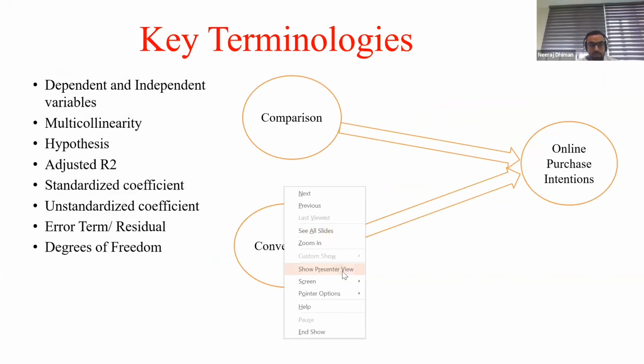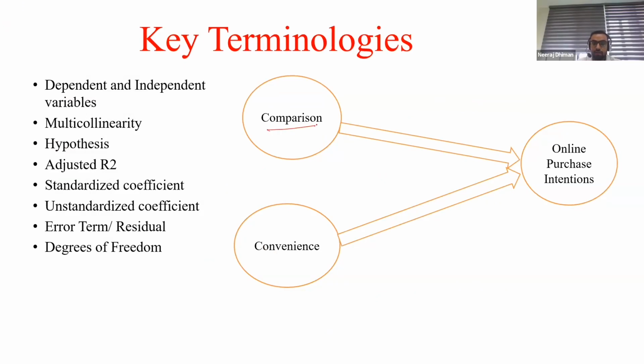Fourth one is adjusted R square. Before understanding it, can anyone tell me what your understanding of R square is? Imagine that after studying the literature, we came to know that comparison has a significant relationship with online purchase intention, and this is what we are predicting.